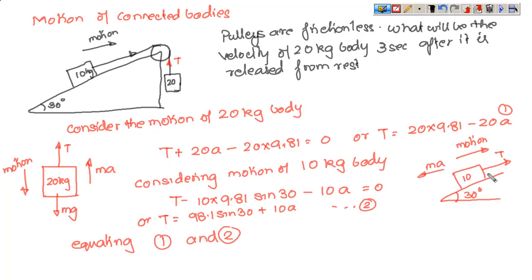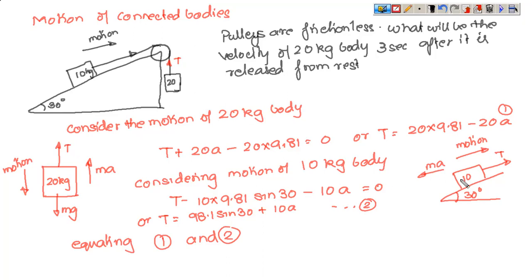If it is moving up the plane, ma, the inertia force, will be acting on the other side of the motion. So if you write down the D'Alembert's equation, you have T in this direction minus 10 into mg sin theta, where m is 10, g is 9.81, so 10 into 9.81 sin theta, minus ma.